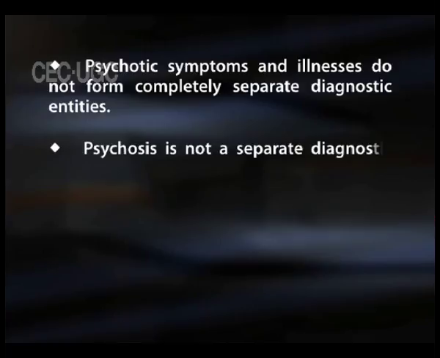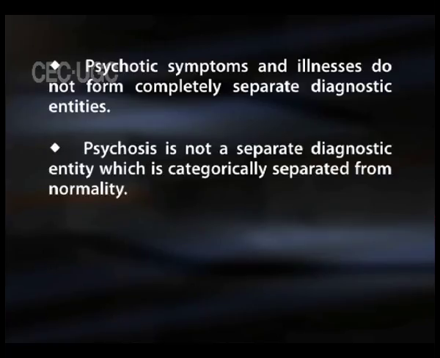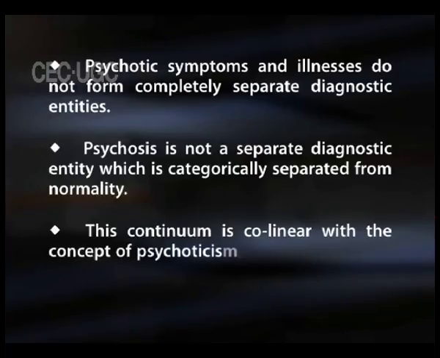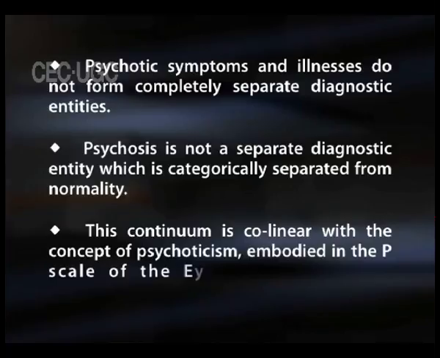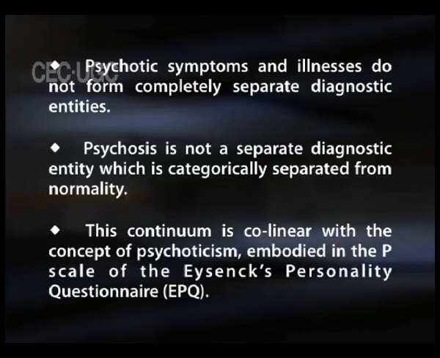Eysenck suggests, after studying psychosis, that psychotic symptoms and illness do not form completely separate diagnostic entities. Psychosis is not a separate diagnostic entity which is categorically separated from normality, and this continuum is collinear with the concept of psychoticism embedded in the P scale of Eysenck's personality questionnaire, that is EPQ.